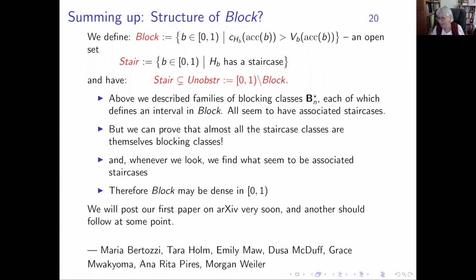Of course, you're never accurate, so you're always a little bit away. But that's not what's happening here, because those staircases have 3-fold symmetry, and our ones have 2-fold symmetry. And actually, the staircase at 1/3 doesn't have a linear relation. It's not associated to a blocking class. There's no blocking class there, and there's no linear relation.